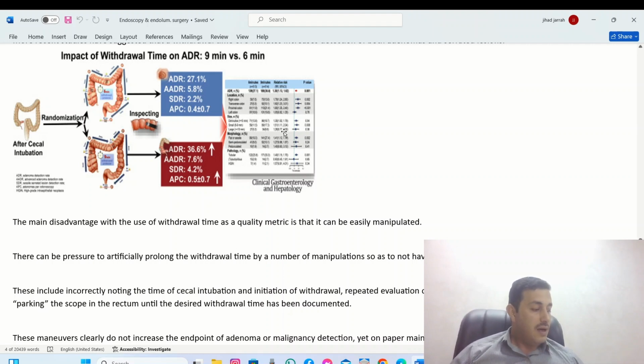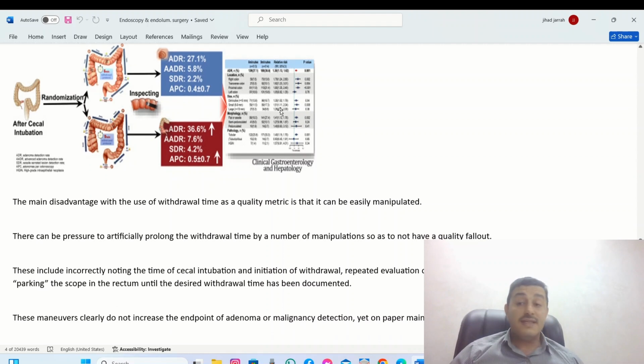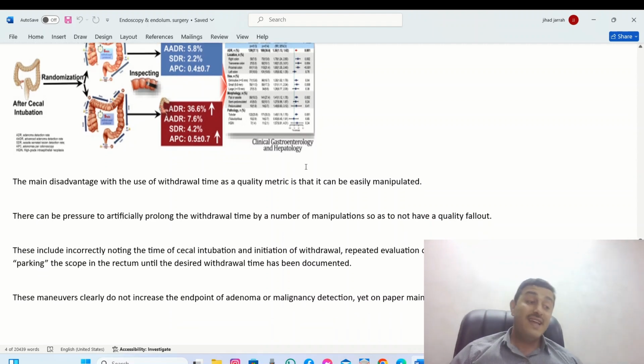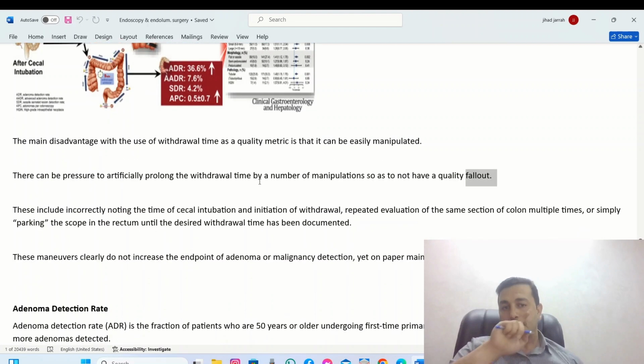A disadvantage of this parameter is that it can be artificially manipulated. The endoscopist can stop during the procedure to increase the withdrawal time, and this is why this measure actually falls out. How can the colonoscopist artificially manipulate this measure?